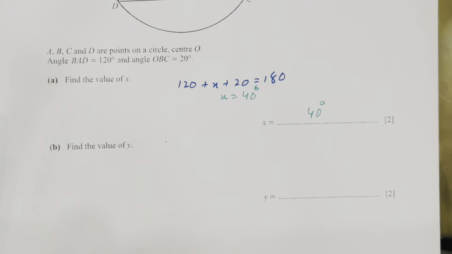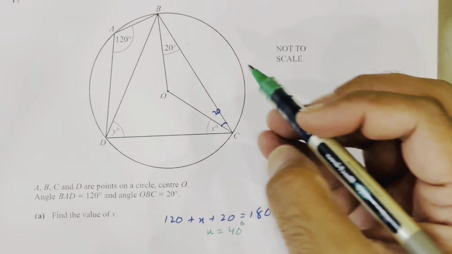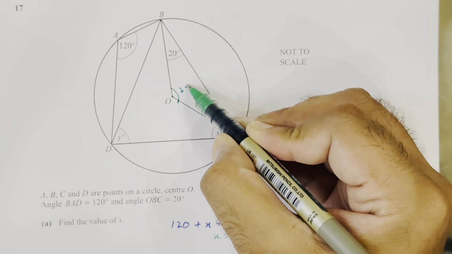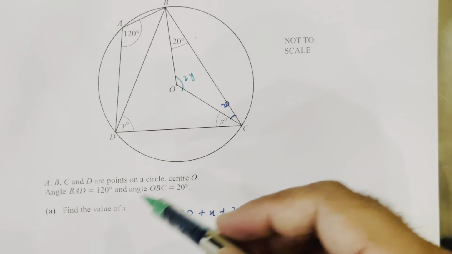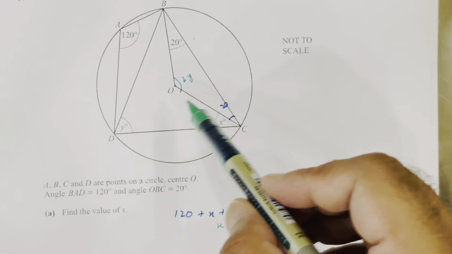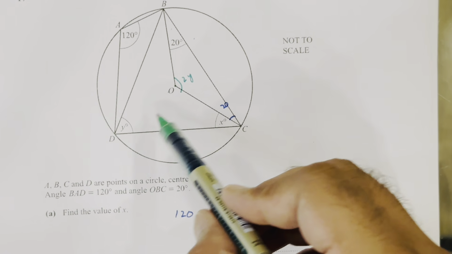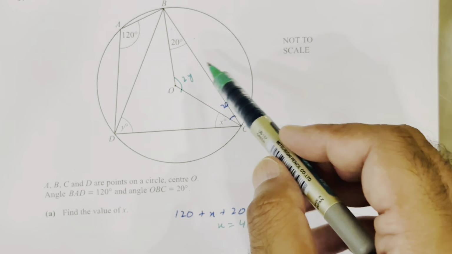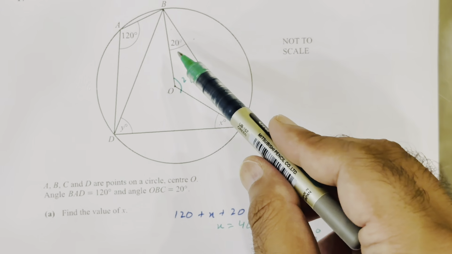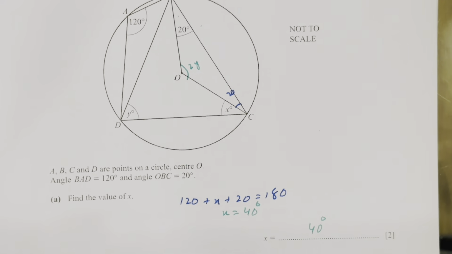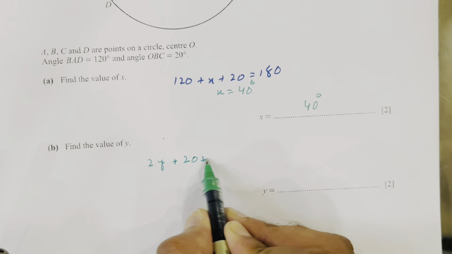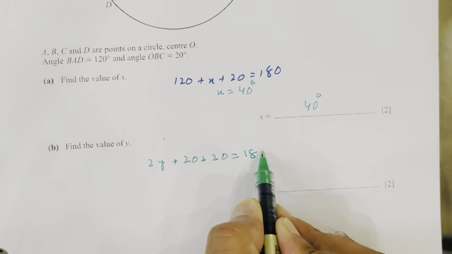Next is find the value of y. We can see that if this value is y, it means this value should be 2y. This is the circle property where the angle at the circumference is half of the angle subtended at the center. Okay, so we're going to say 2y plus 20 is equal to 180 to get the answer of y. 2y plus 20 is equal to 180.